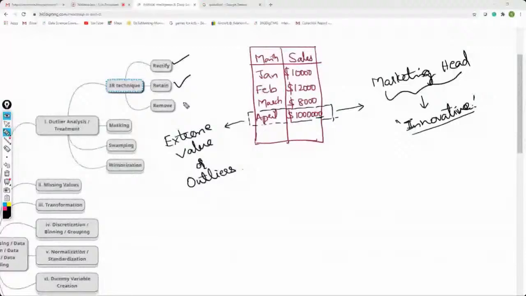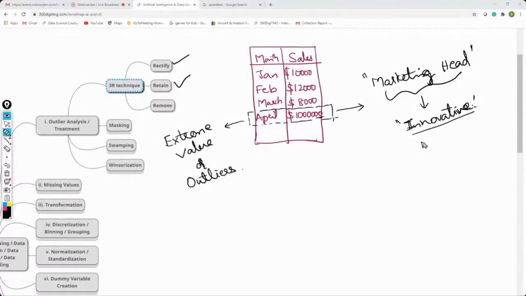The third thing is remove. So if you check with that salesperson or finance person, hey, is this an outlier? Why is this such a big number? And they say, there is this lousy marketing head who joined us. He told us there is an innovative marketing strategy.